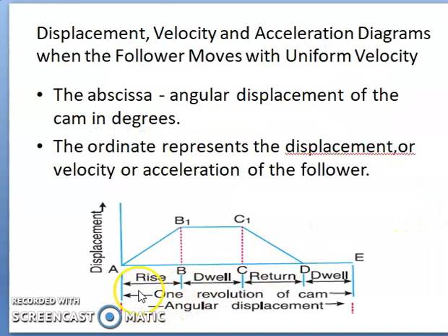If it is a uniform velocity, you can just draw a straight line. The follower moves with a uniform velocity from A to B, which is called the outstroke or rise. From B to C, there is no movement of the follower, so that period is called dwell. From C to D, it is return. And again it is dwell.